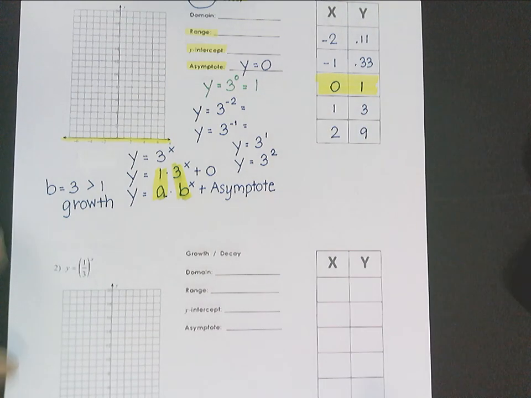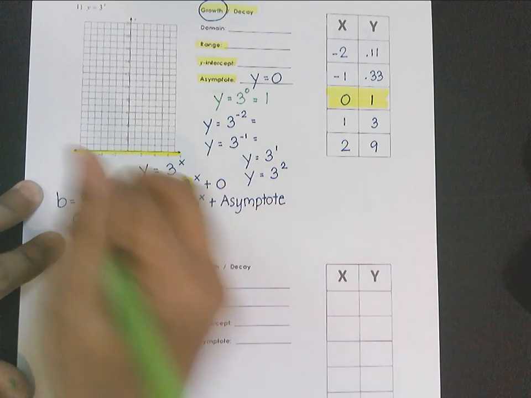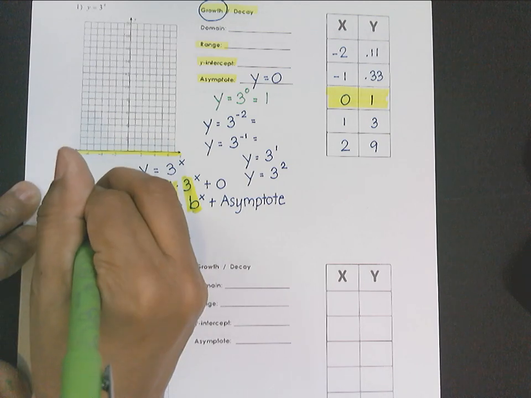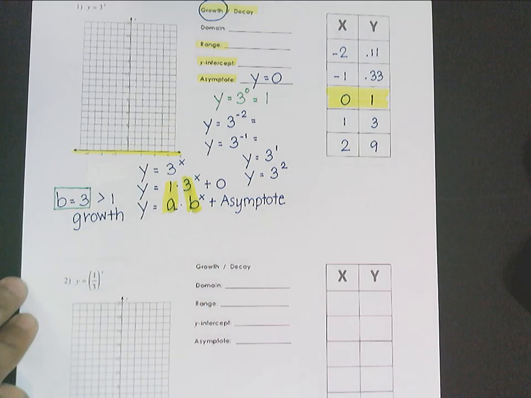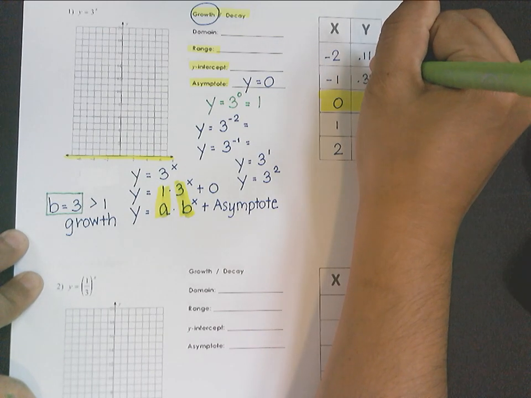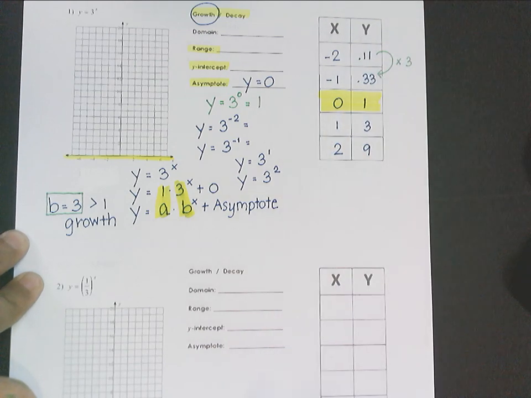Or you don't have to use your calculator because I told you in video number 1 that this is your factor. And the word factor means to multiply. So if you take your 0.11 and you multiply it by 3, you're going to get 0.33.